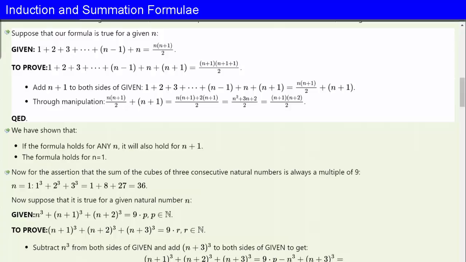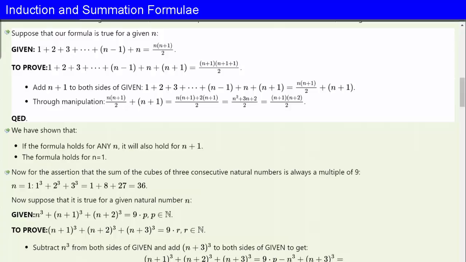So we need to write that down, and we'll call it to prove. So we must show that it follows from the given that 1 plus 2 plus and so on up to n plus 1 gives you the next version of the formula, which is n plus 1 times n plus 1 plus 1 divided by 2.